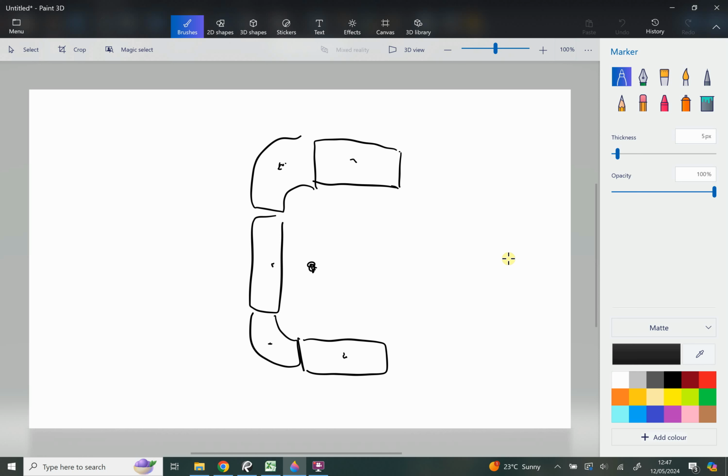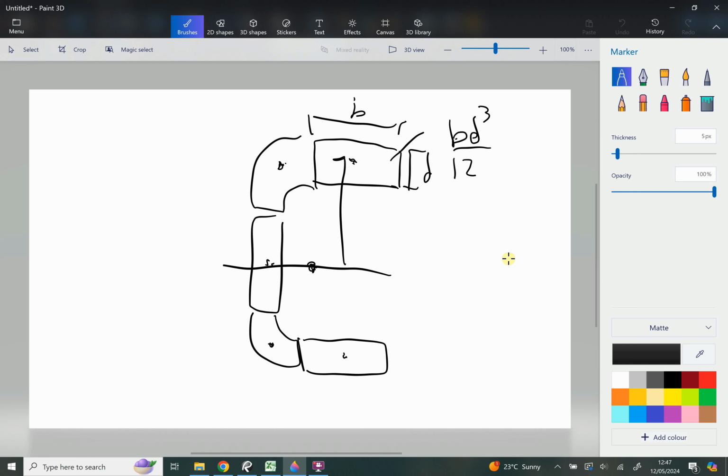So we know the I value locally of this one, we know the I value locally of this one, we know the I value locally of this and this. For the rectangles it's b d cubed over 12, where that is b and that is d. And then our lever arm distances would just be from here to here, or here to here. That would be 0 for the middle rectangle. That would be our y there and there.